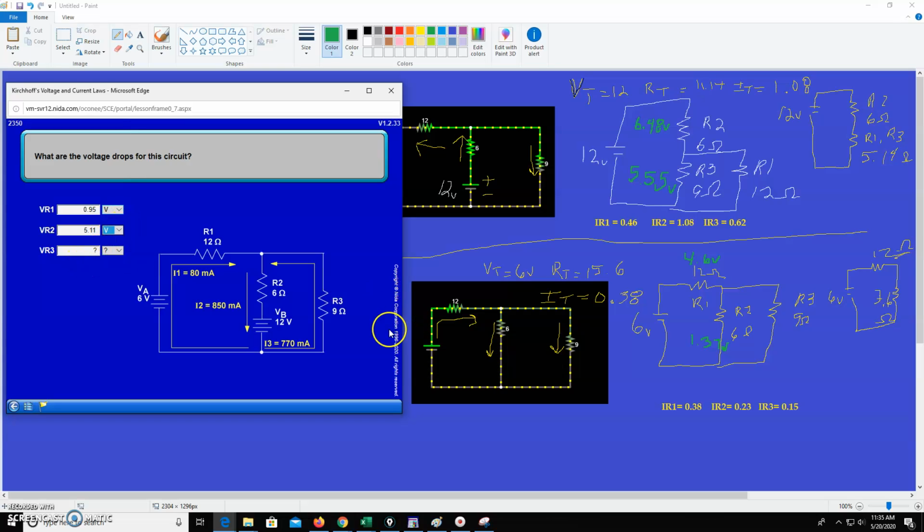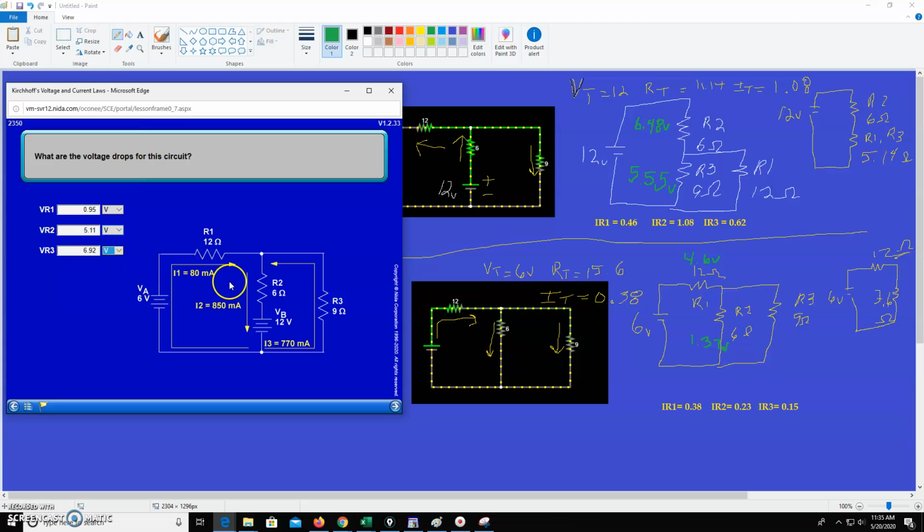Got to do the same thing for R3, but they are going in the same direction, so we're going to have to add. So 1.37 for R3 here, 5.55 there. 5.55 plus 1.37 equals 6.92 volts. And we would just do the same thing for the current.